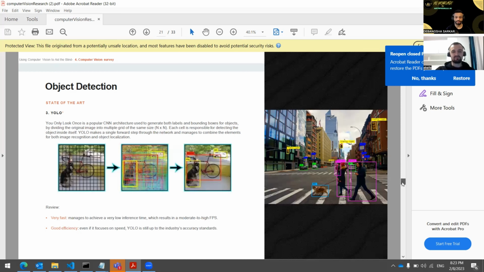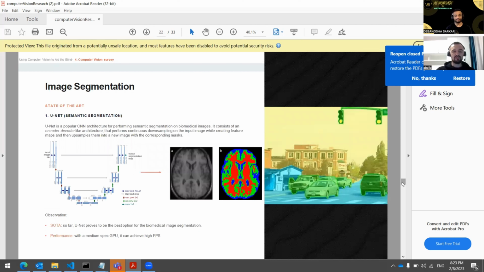Okay. So yeah. Now, next we have image segmentation. And here we're going to talk about, as I said, semantic and instance segmentation. First of all, for semantic segmentation, there's a really popular model called UNet, which is a CNN architecture that performs semantic segmentation, but it's mostly used on biomedical data, biomedical images.